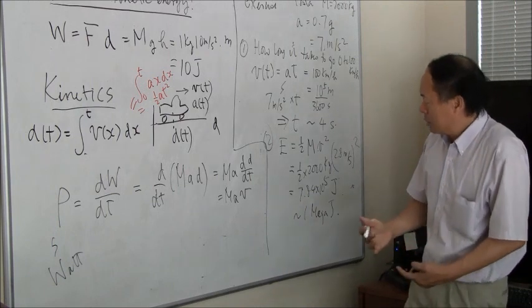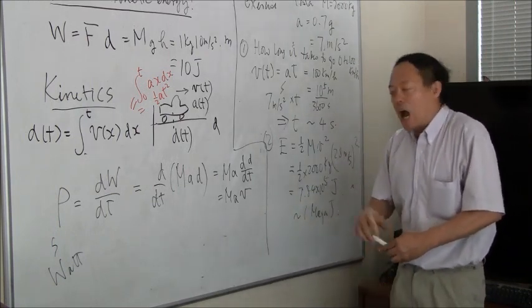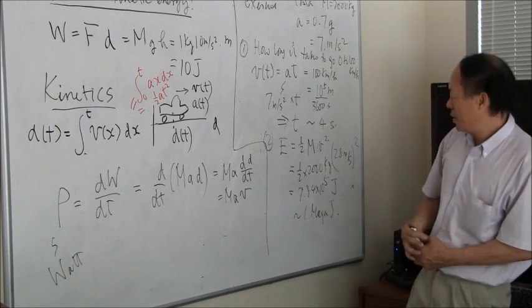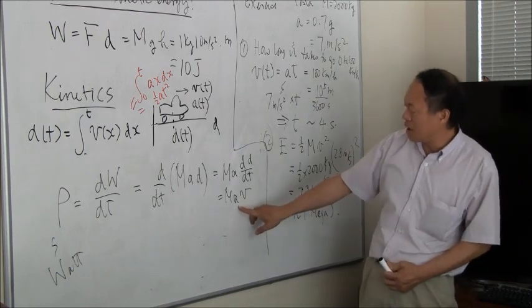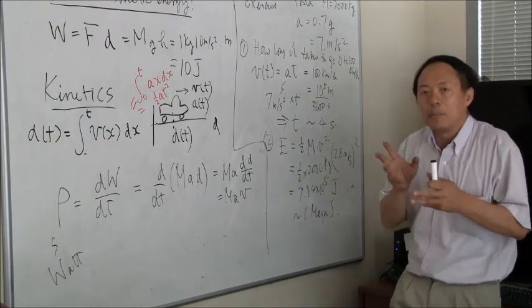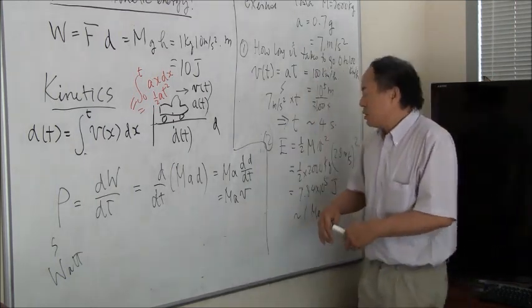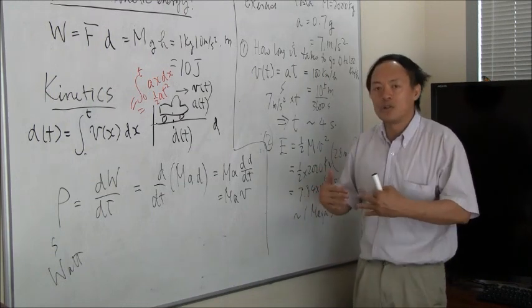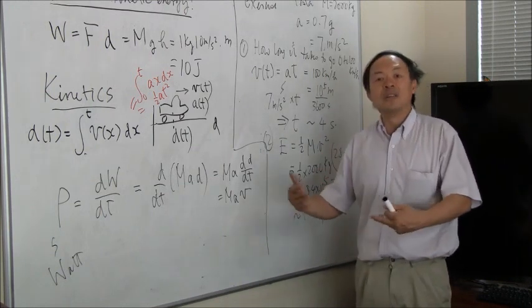So the power that the car takes out from the battery to move it is proportional to the acceleration, and at the same time is proportional to velocity. Which means that at the beginning, since my car starts from a totally stopped position, the velocity is equal to 0.